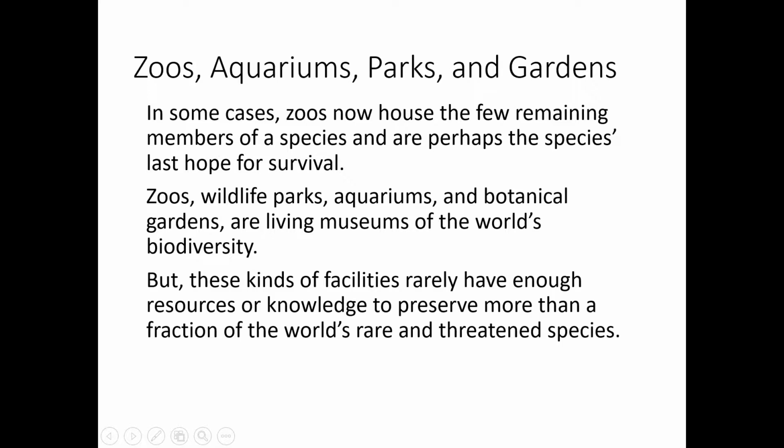They can also be useful because you can take endangered species and provide them with a controlled, protected area where these animals can be guaranteed to reproduce, and there'll at least be some remaining animals that survive. However, these facilities are expensive and they take up space and resources, so this isn't a reliable model to protect all the world's rare and threatened species.